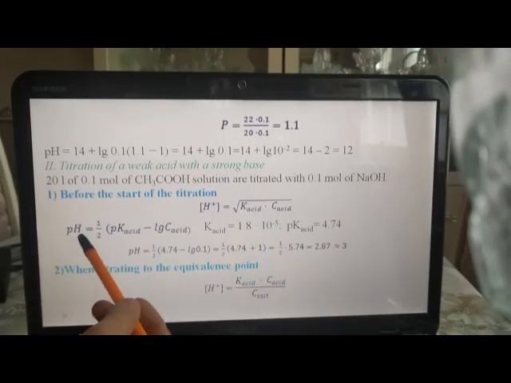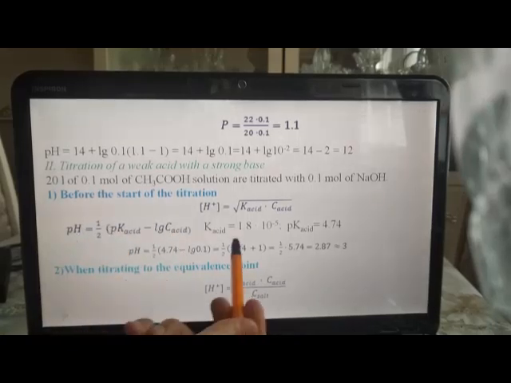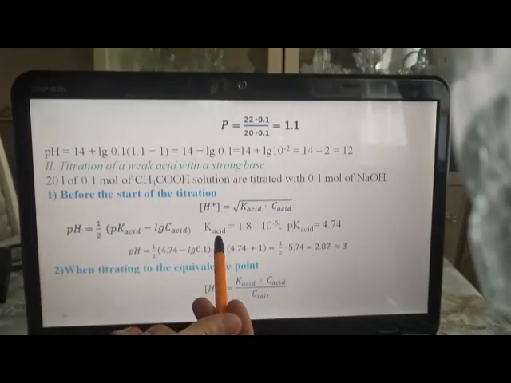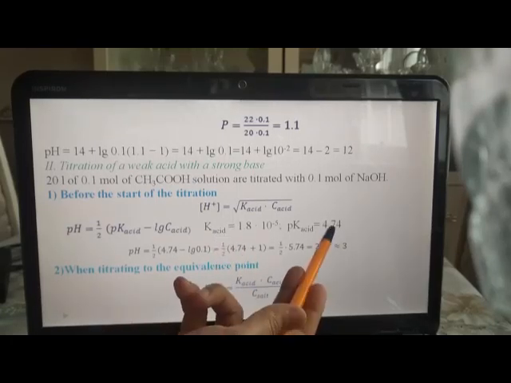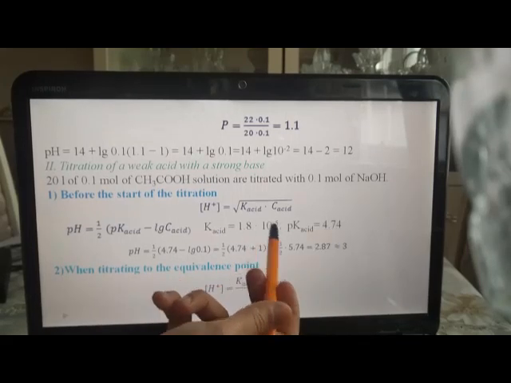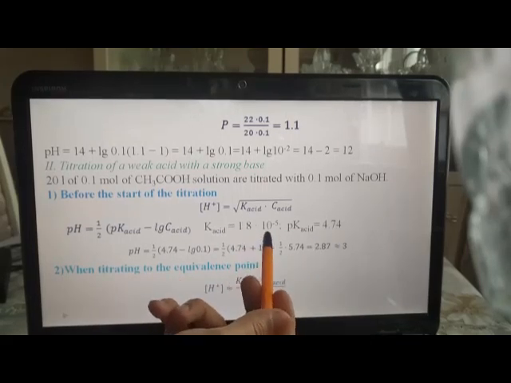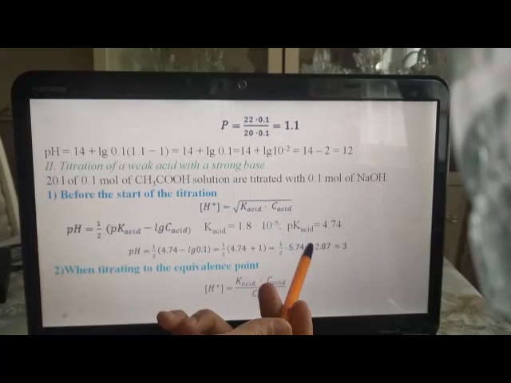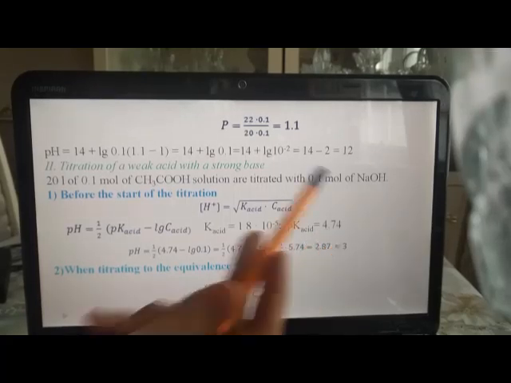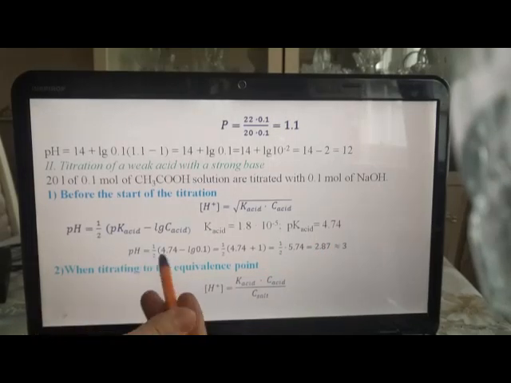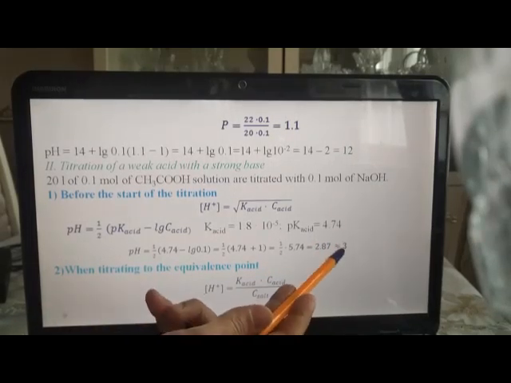We find pH from the equation, and the equilibrium constant for the acid is equal to 1.8 multiplied by 10 to the minus 5, and pKa for the acid is 4.74, and pH from the calculation we found is equal to 3.